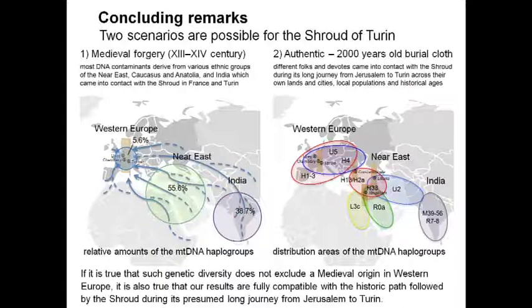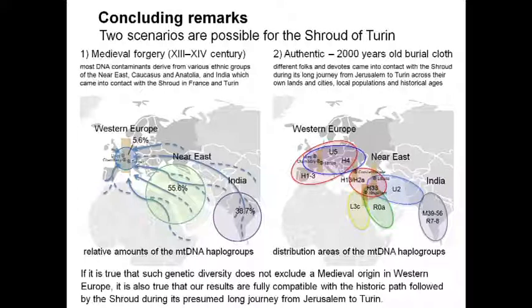In the second case, we can say that different folks or devotees came into contact with the Shroud during the long journey from Jerusalem to Turin, across their own lands and cities, local populations, and different historical ages. Here, please give a look to this comparison.